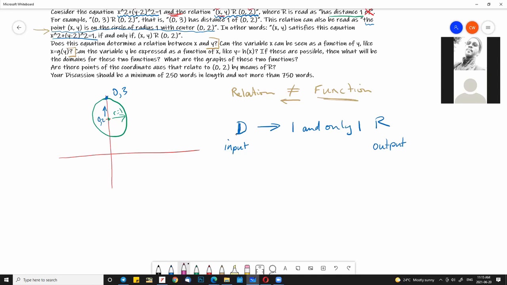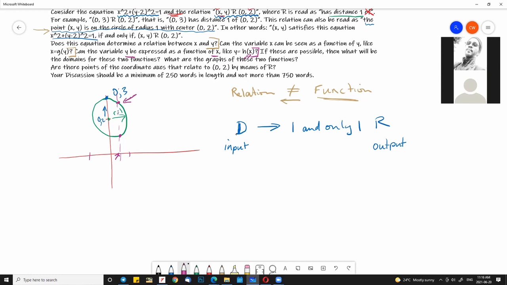And then in the next question, if y is a function of x, then each input of x will give one output of y. But for a circle, each input of x, let's input x here, will give two outputs or two results for y, anywhere between here and here, this range, this domain.